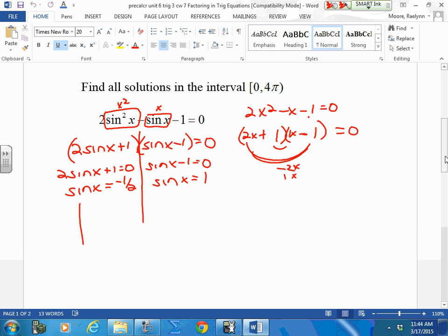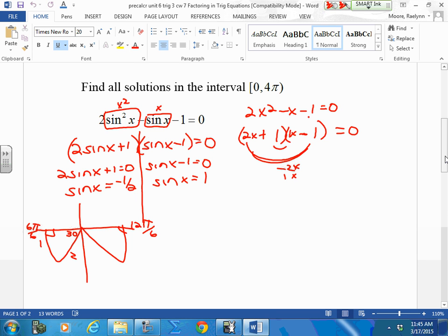Where is sine negative? 3 and 4. Right. So sine is 1 over 2. What reference angle? 30. How many times does 30 go into 180? So this is 6 pi over 6. This is 12 pi over 6.